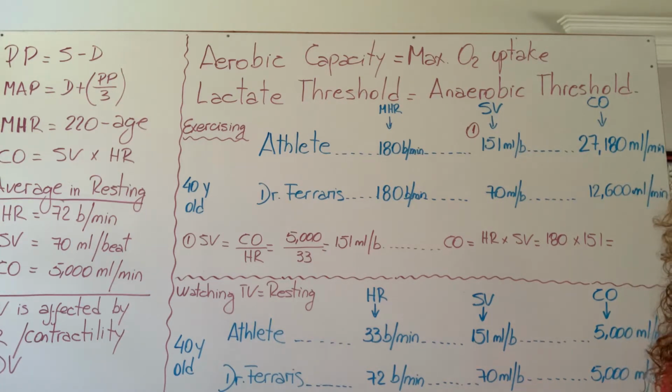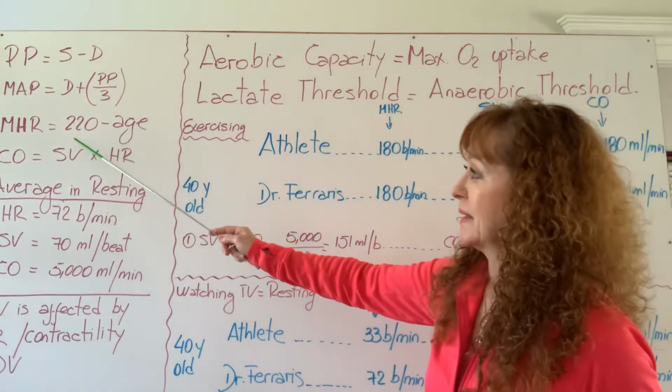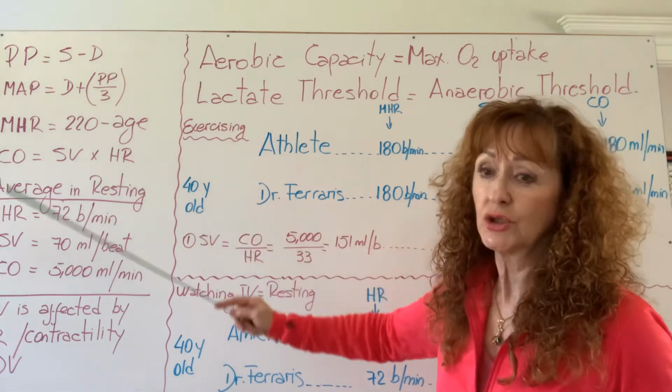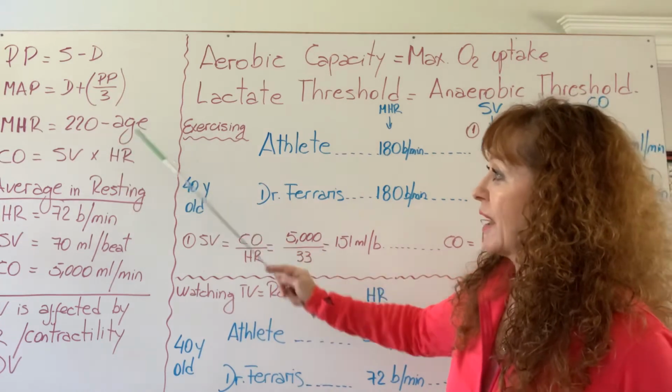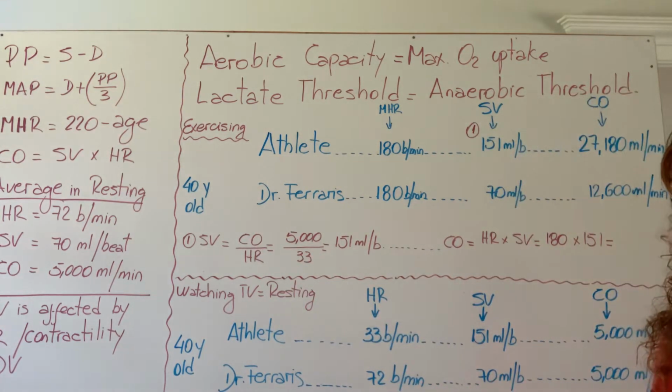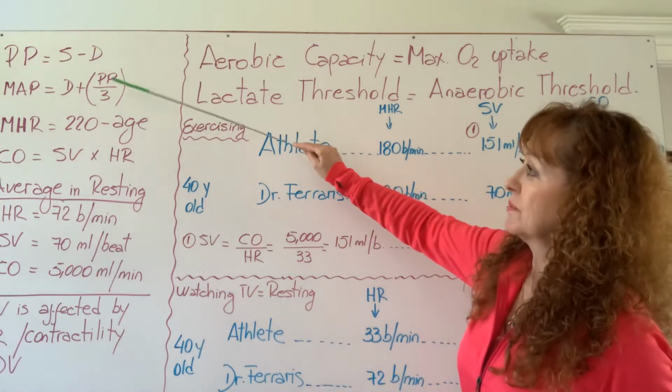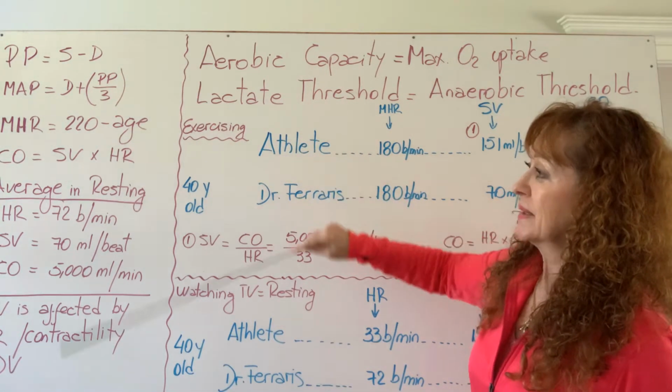And certainly it does not increase forever, regardless of whether you are a trained athlete or not. We also have a maximum heart rate, and the maximum heart rate is calculated by this magic number, 220 minus the patient age. So simple: how to calculate pulse pressure, mean arterial pressure, and maximum heart rate.